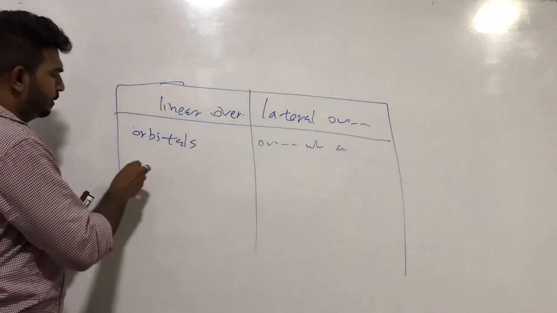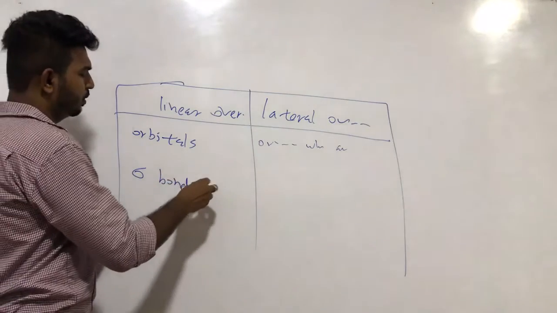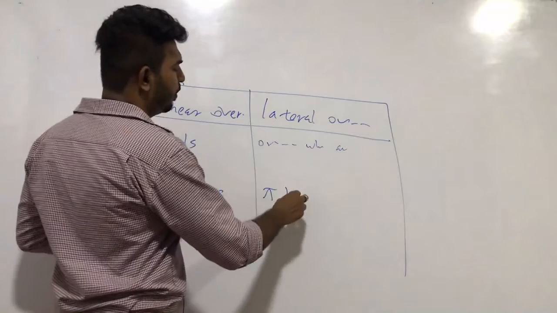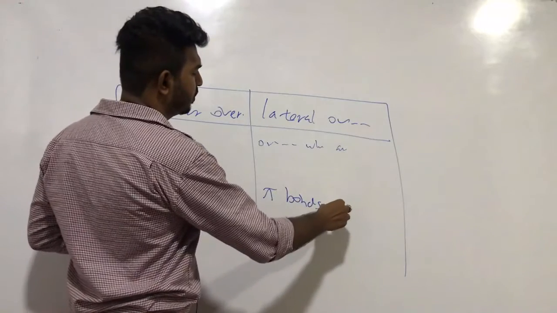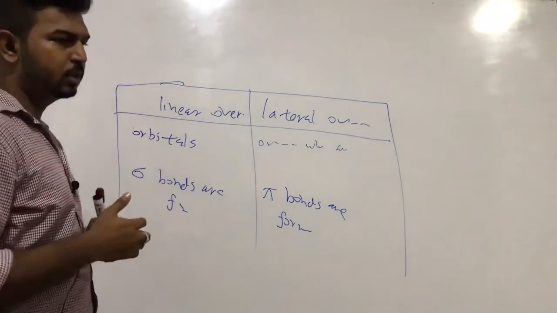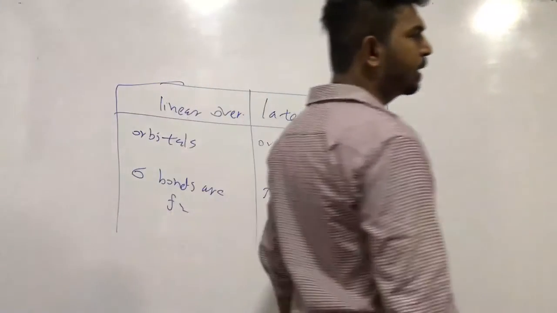Then sigma bonds are formed in linear overlapping, and here pi bonds are formed.